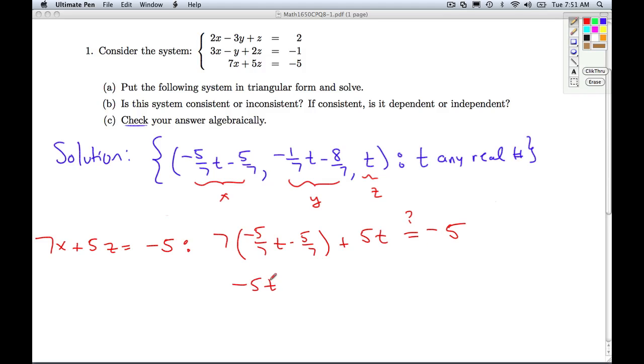I get negative 5t minus 5 plus 5t. Is that equal to negative 5? Well, looking at what happens with the t's, that cancels, and sure enough, negative 5 equals negative 5. So that'll do it for the check. So that'll do it for Checkpoint Quiz 8.1.